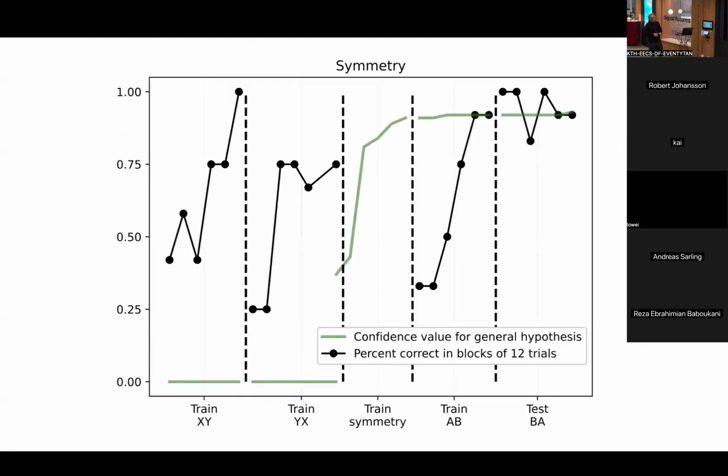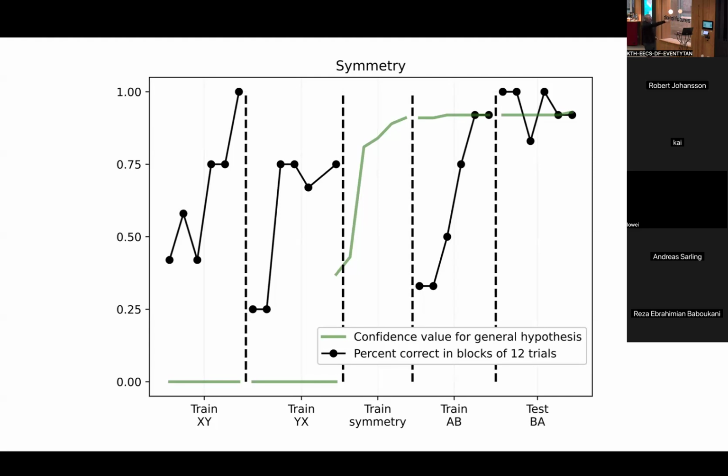So this means that if we trained in the context of X1, I pick Y1, then in the context of Y1, I pick X1. This can be trained with feedback. Then we show these close in time, so to speak, where it says trained symmetry. Then we train in the context of A1, I pick B1.